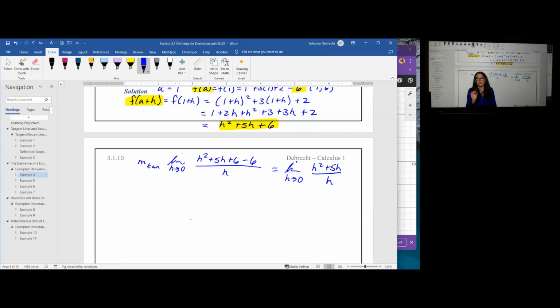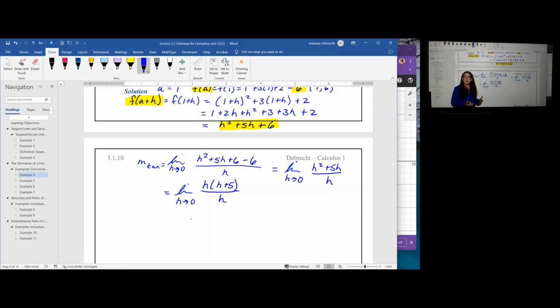We have addition in the numerator, so we're not allowed to cancel until we only have one term in the numerator, which means we have to factor. We take out the greatest common factor of h, and this gives us the limit as h approaches 0 of h times (h plus 5), all divided by h.